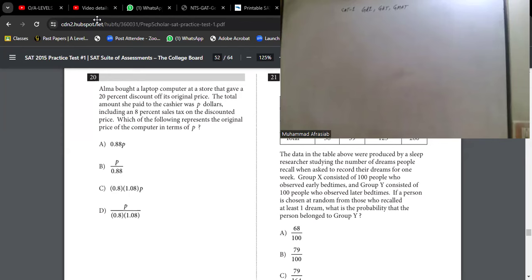So for this group Y, the probability is going to be selected for that. So we can write this as the probability for question 21.